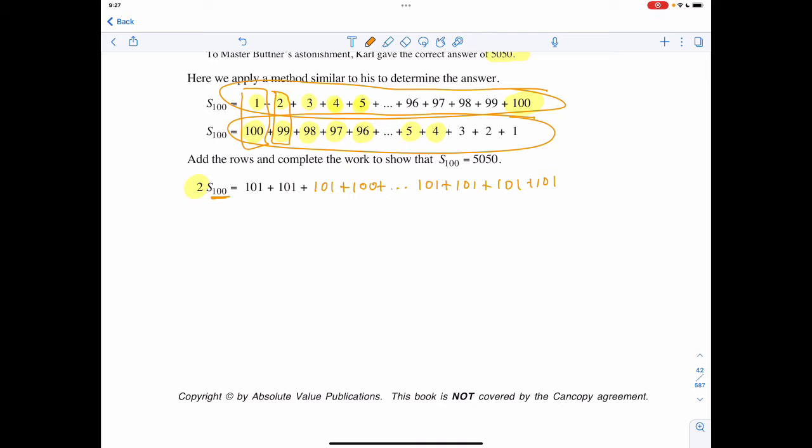So he simplified it to say that 2 times the sum of the series would equal the 100 terms times every sum of 101, where 2 times the first 100 numbers was going to be 10,100.